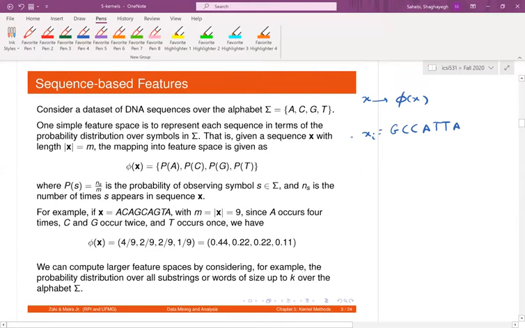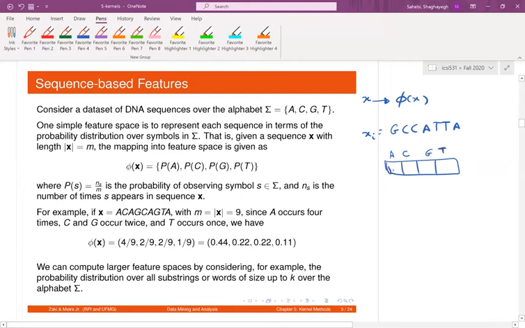Now, if we want to represent our sequence in a vector space, similar to what we did with the code, we can define a vector representation that has A, C, G, and T as our features.